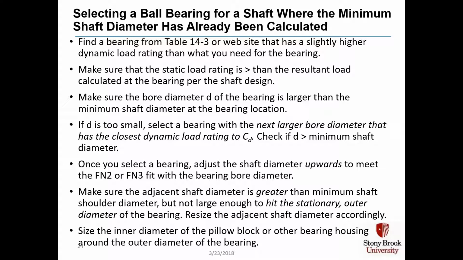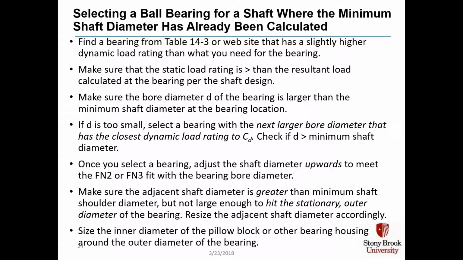You also have to make sure that the static load rating on the bearing is slightly higher than the resultant load calculated at the bearing per your shaft design, but usually this isn't a problem. The next step is you have to make sure that the bore diameter D of the bearing is larger than the minimum shaft diameter at the bearing location.